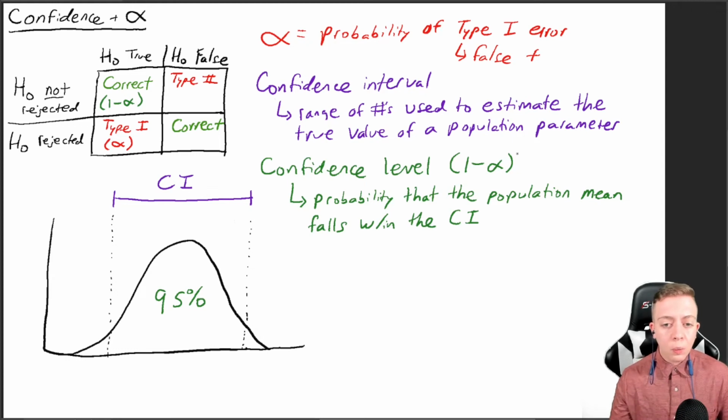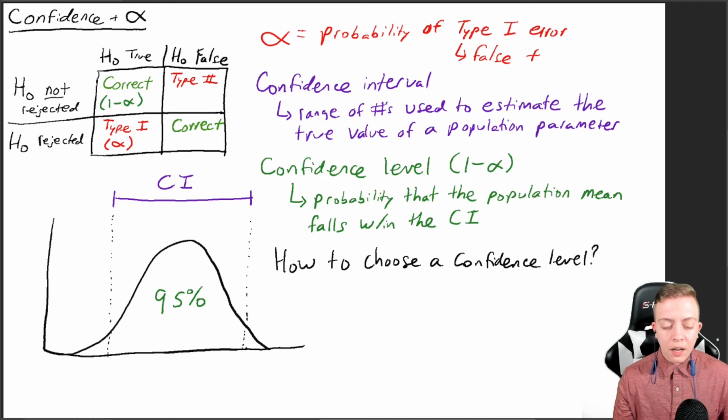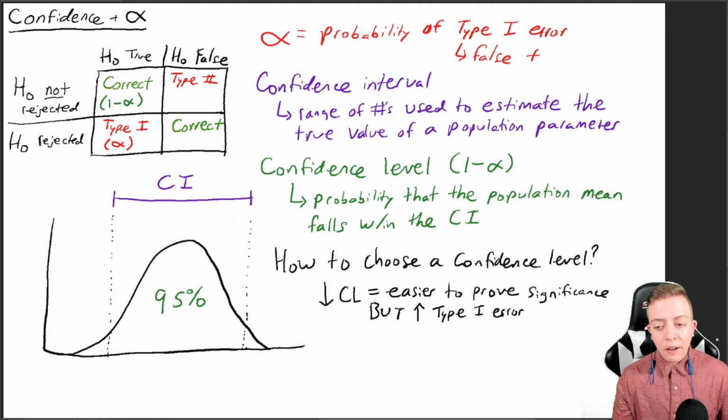So why would I choose a certain number over another? This is going to depend on a few different factors, because let's say I chose a confidence level that was low. Let's say I chose 80%.